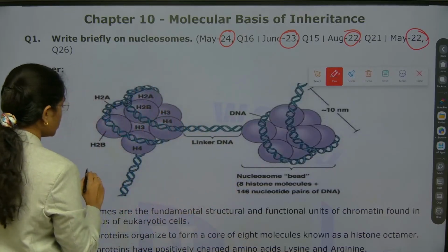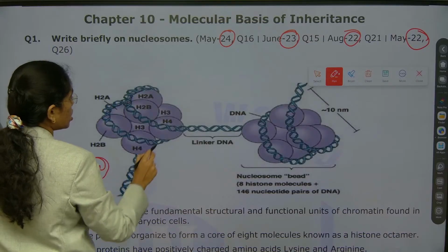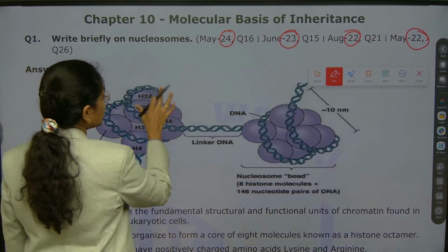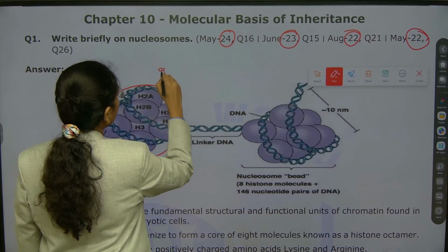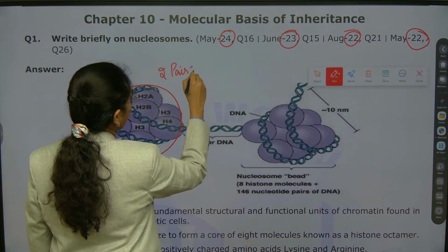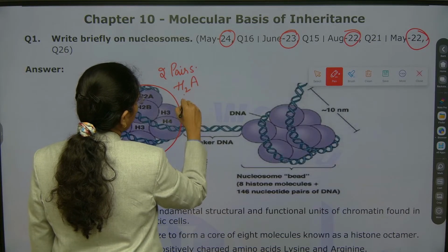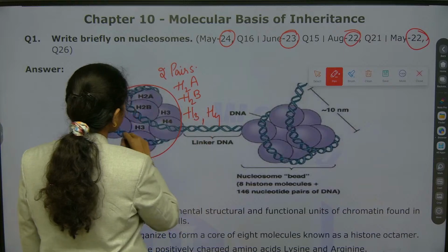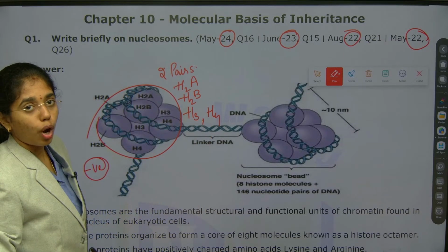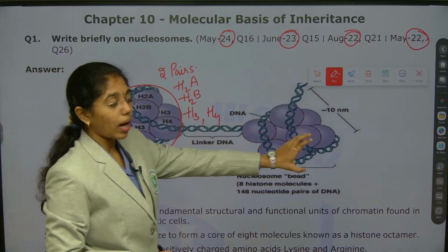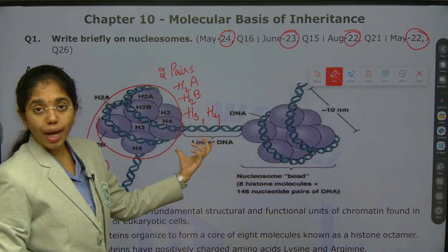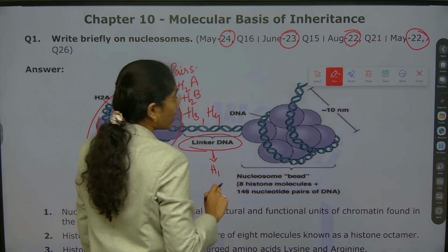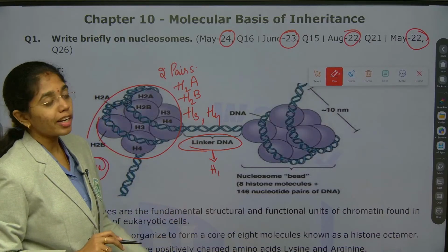In a single octamer we have two pairs of 4 histone proteins: H2A, H2B, H3 and H4. The DNA is wrapped around the histone octamer. The DNA connecting one histone octamer to the next is called linker DNA. This linker DNA is held by H1 histone protein, and this forms one nucleosome model.